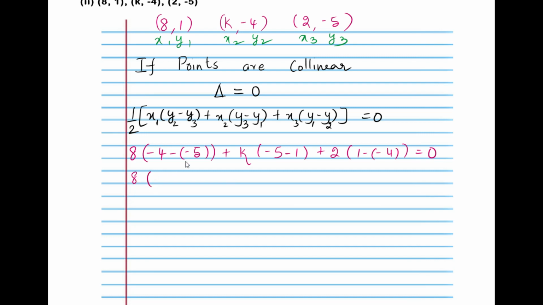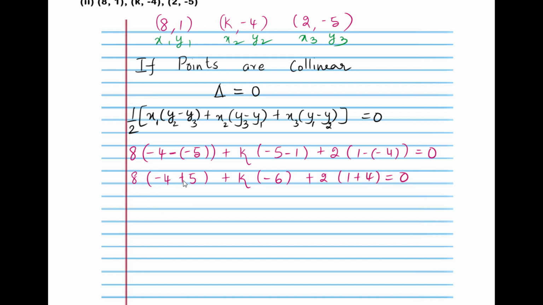Now 8 into minus 4 plus 5, plus k into minus 5 minus 1 is minus 6, plus 2 times minus into minus plus, 1 plus 4, we get 1 plus 4 equals 0.